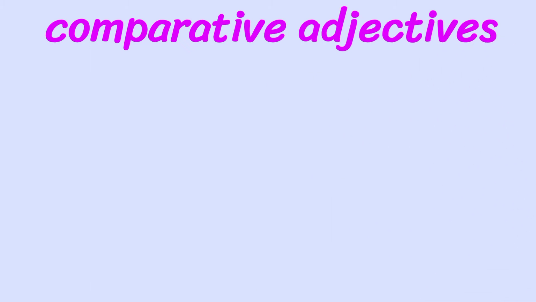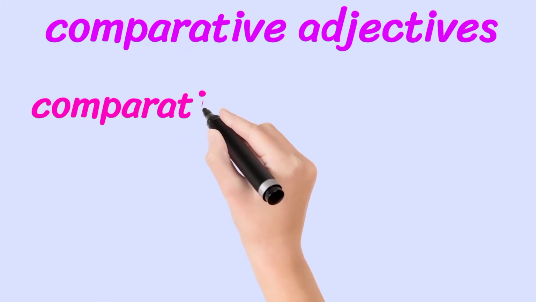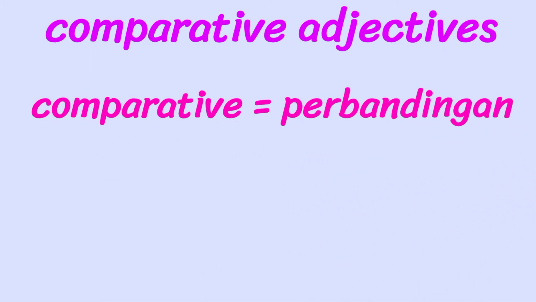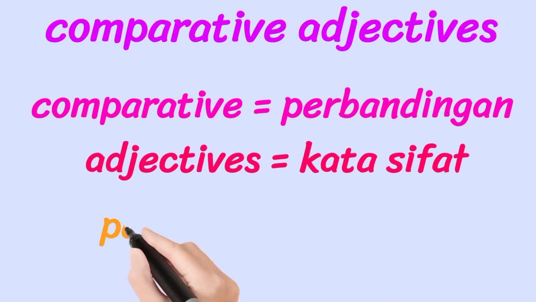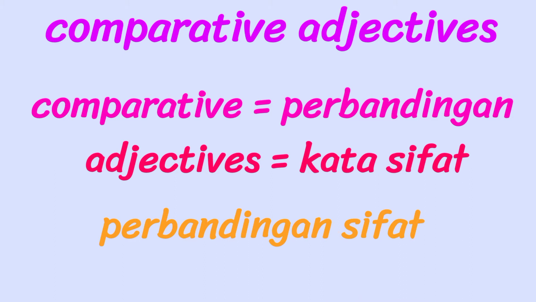Comparative adjective. Comparative is perbandingan and adjective is kata sifat. So, comparative adjective is perbandingan sifat seperti lebih tinggi daripada, lebih besar daripada, lebih mahal daripada, dan banyak lagi.